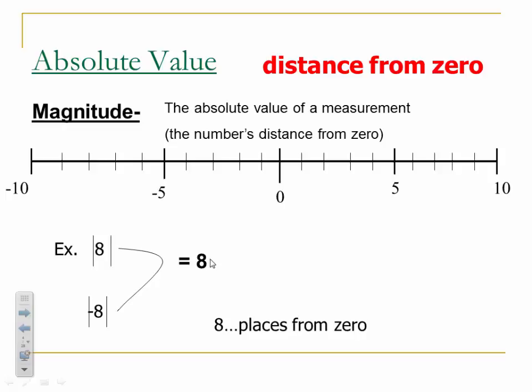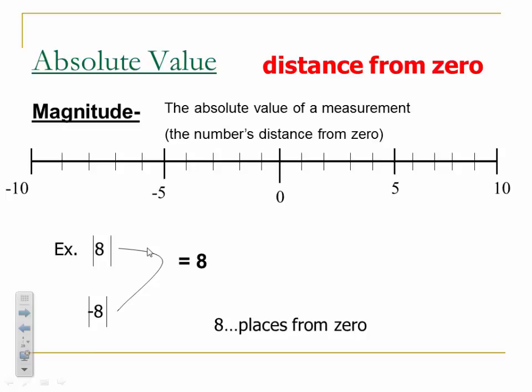So magnitude is very similar to a synonym for absolute value. It's asking you what is the value of these numbers. So the magnitude of these numbers is 8, because a number's distance from 0 is really saying the same thing.